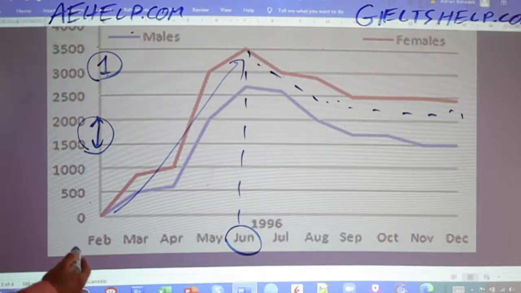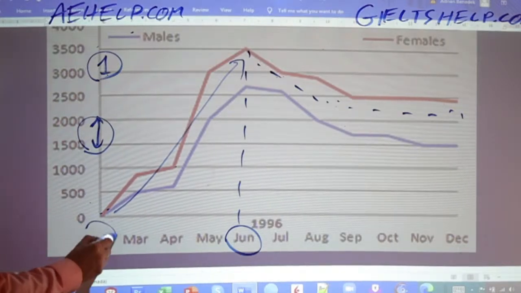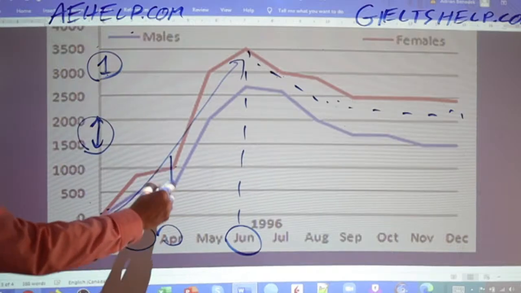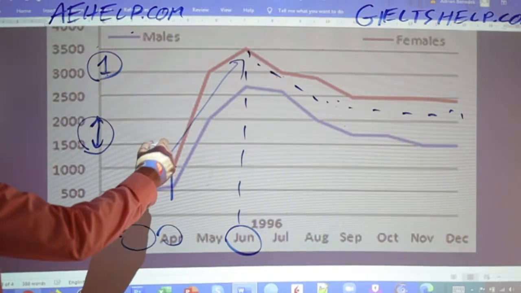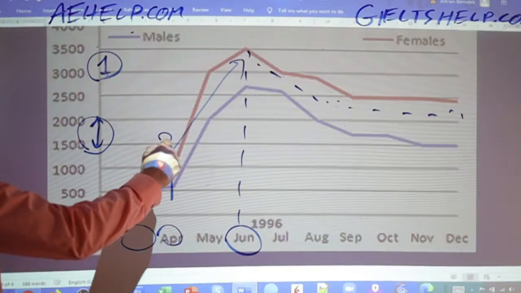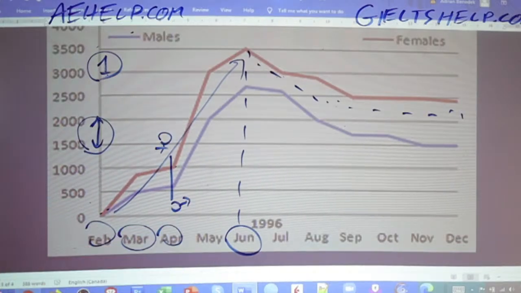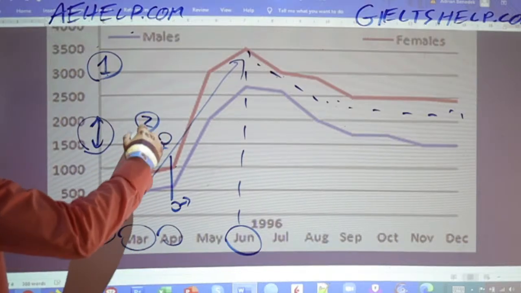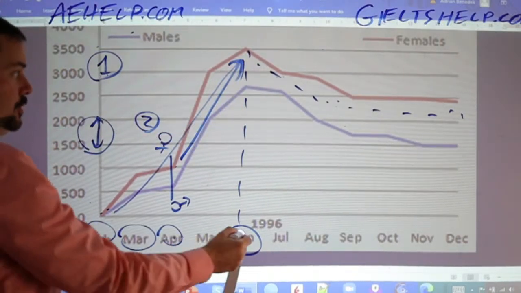So we can see that in February there were 0 cases, and then from February, March to April, we get about 1,000 cases for women and just over 500 cases for men. Now then, so that would be my second point. Now then there's a very quick uptake here from April to June.